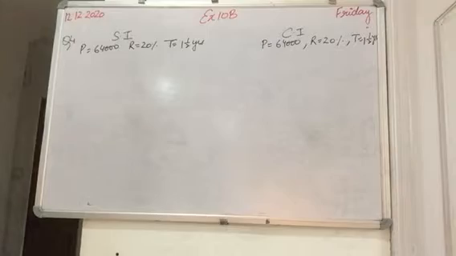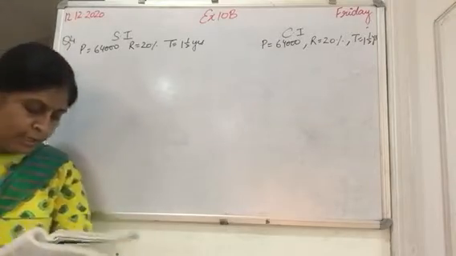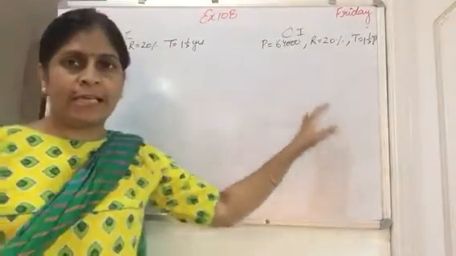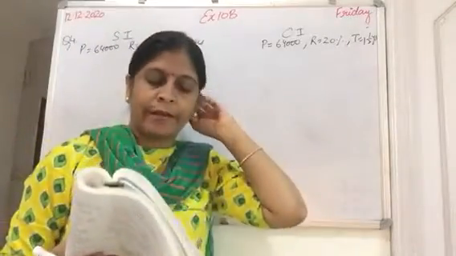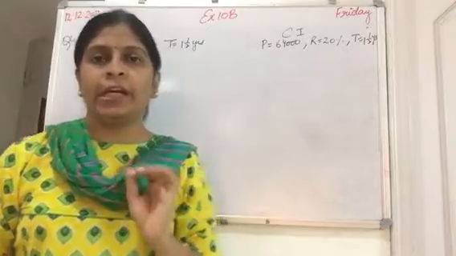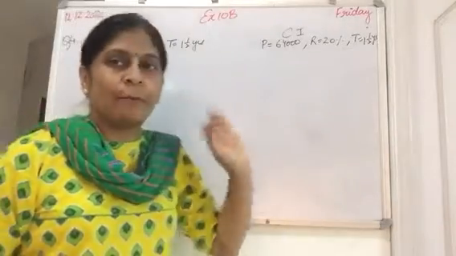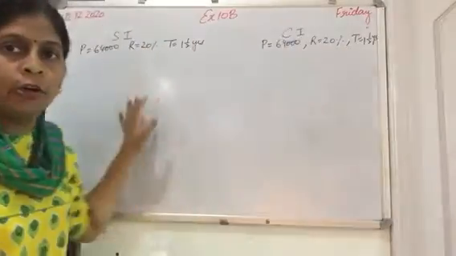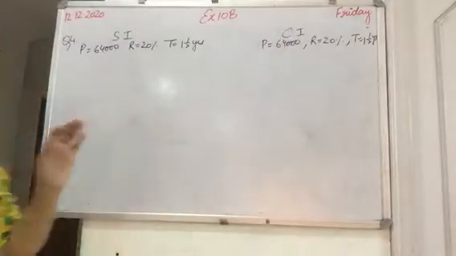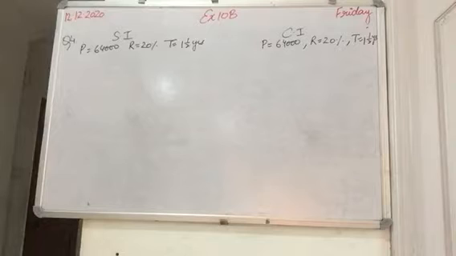First of all, keep one thing in your mind, that you have to find the difference between CI and SI. Principal, rate and time are the same, and it is written compounded semi-annually. So compounded semi-annually means it will affect only this part, not this part. So let us calculate it.